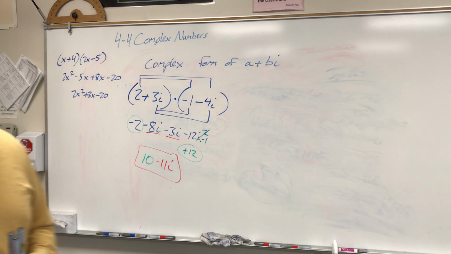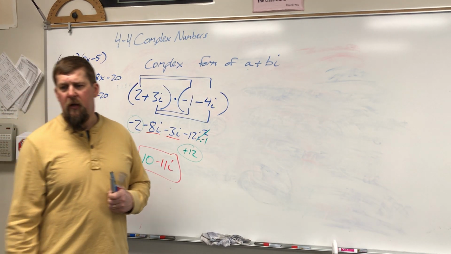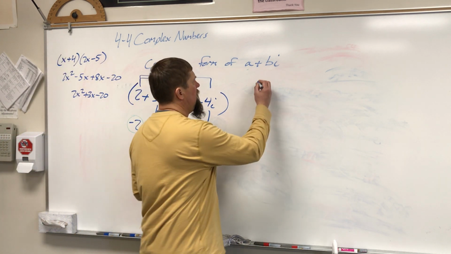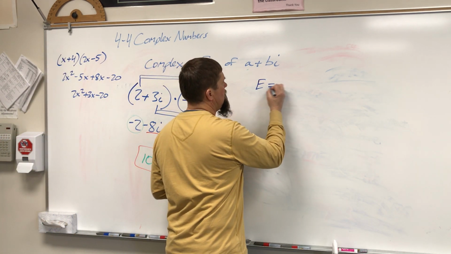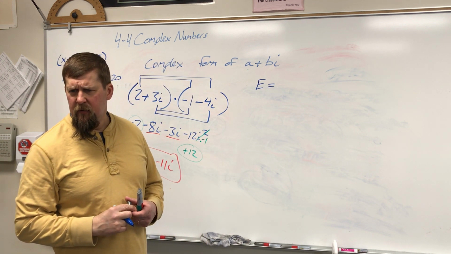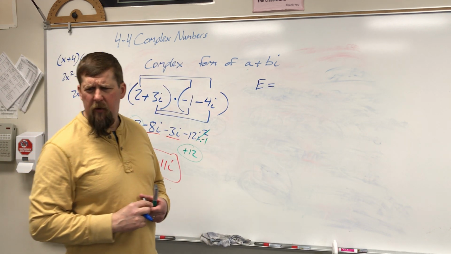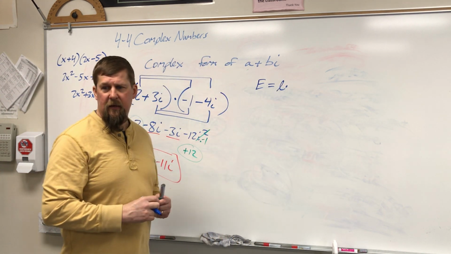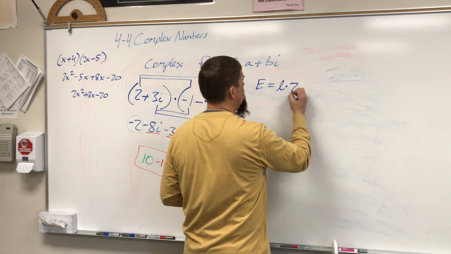Now, they have a real-life problem in the book with electricity, and they say that E is equal to, and I believe that is a current, L times Z, impedance.